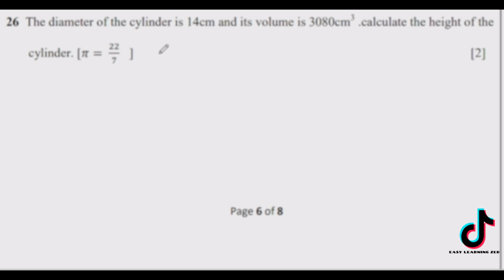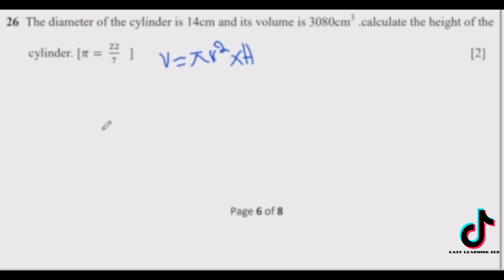The formula for the volume of the cylinder is equal to pi times radius squared times height.